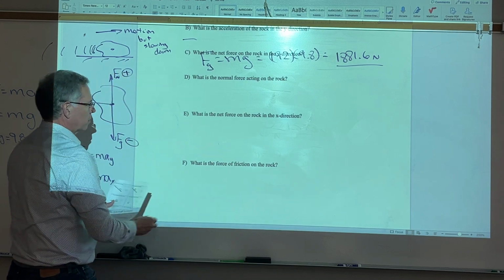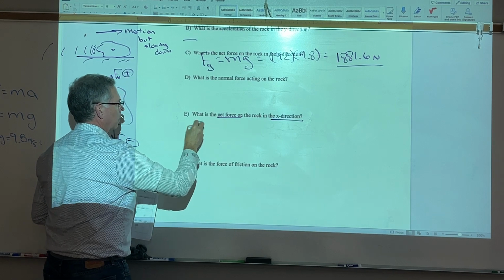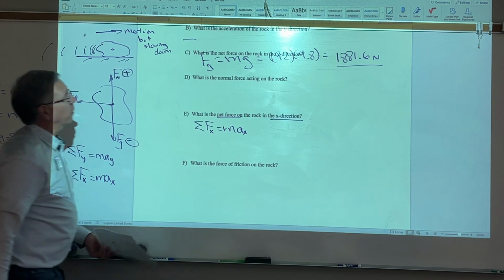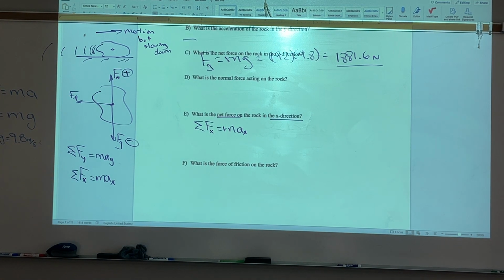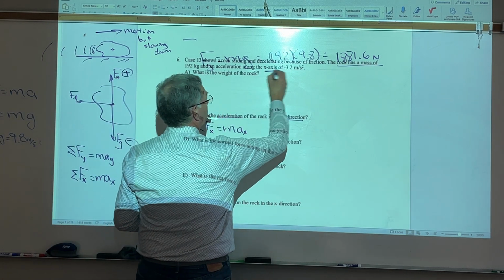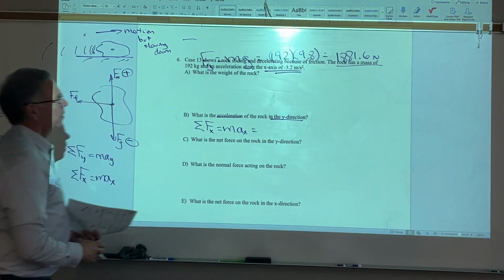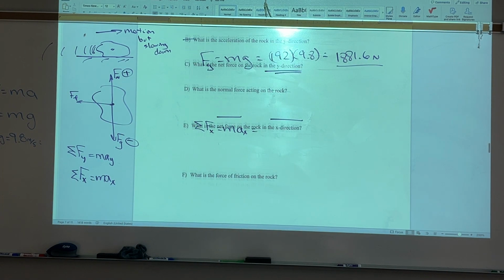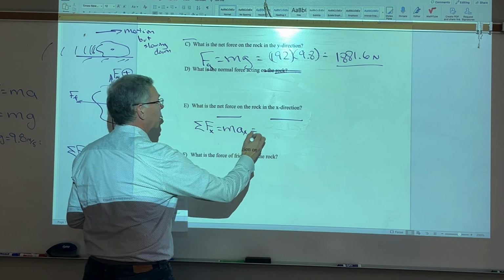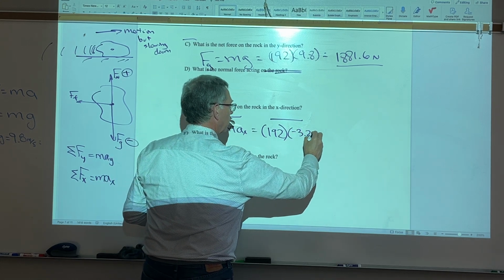Now it asks, what's the net force in the x direction? The sum of the forces in the x direction equals mass times acceleration in the x direction. We were told the acceleration in the x direction right there: negative 3.2. So 192 times negative 3.2 meters per second squared.